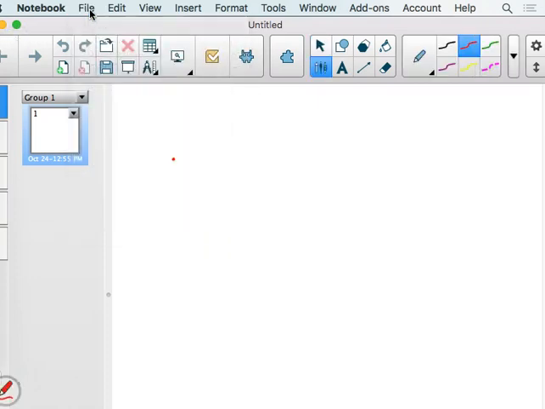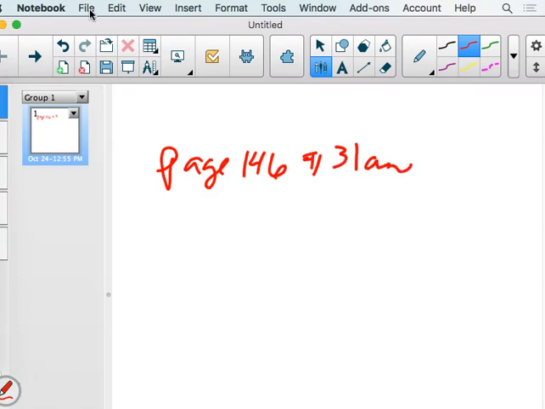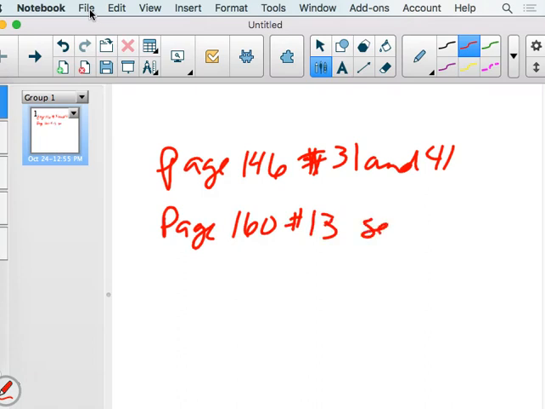Alrighty, so the first line that you hopefully already did was page 146, number 31 and 41. The middle one, remember I said just set it up. So that's writing those inequalities, but you don't have to find all of it for me. And here's where we're going to make some cuts.